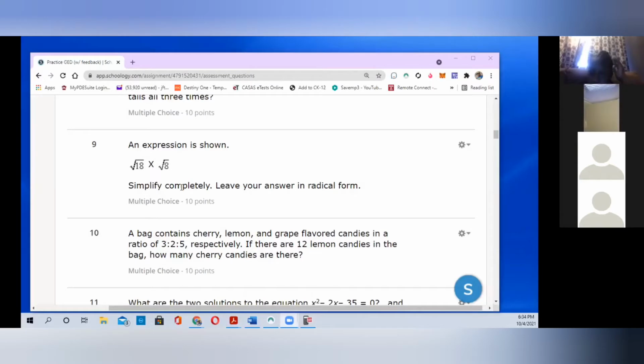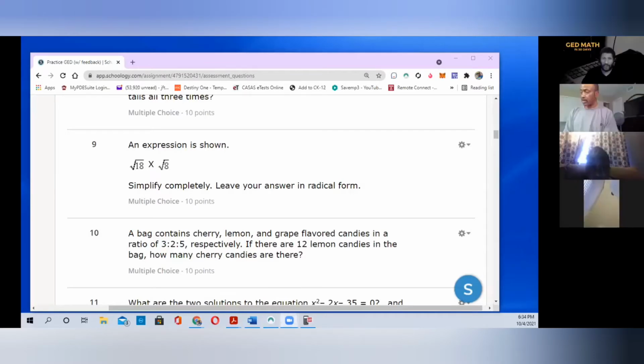Okay. So Jessica and Gary both answered it correctly. Jennifer, Darlene, and Naomi, do you know how to do this problem?